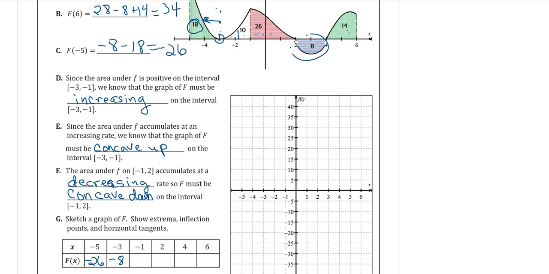So we have negative 8 plus 10, so we get 2. And then f of 2, we already did above, so that's our 28. F of 4, we did not do, but what we're going to do is take our f of 2, and again, we're going to subtract off that 8, so we get 20, and then we already figured out f of 6, and that was 34.